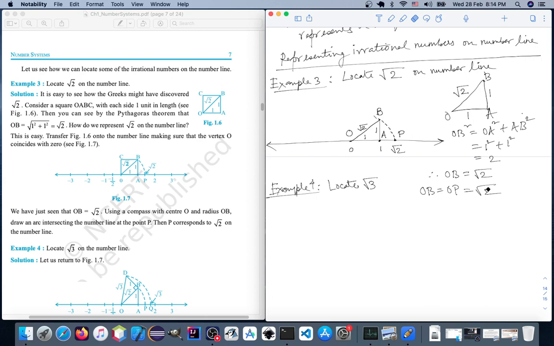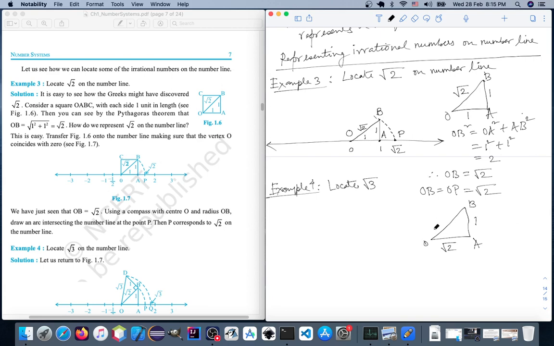If we consider again a right angle triangle OAB, we have to take one side root 2 and another side of unit length.